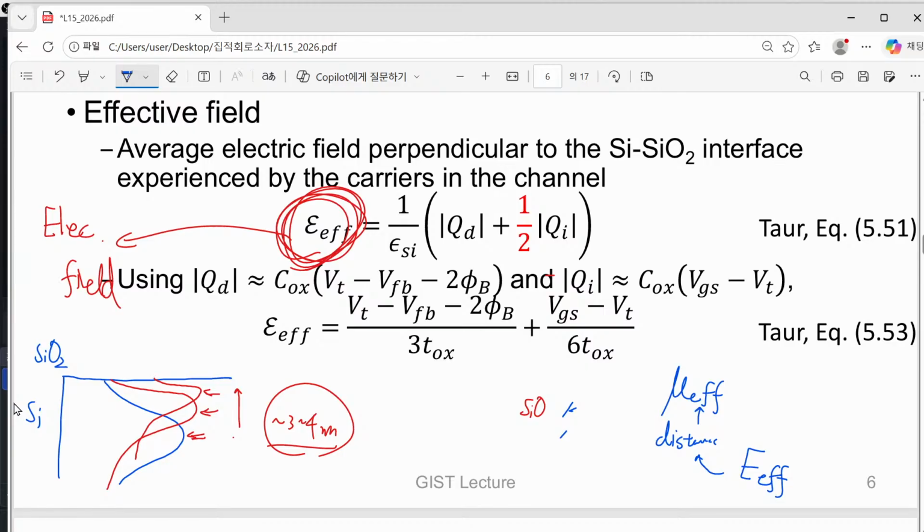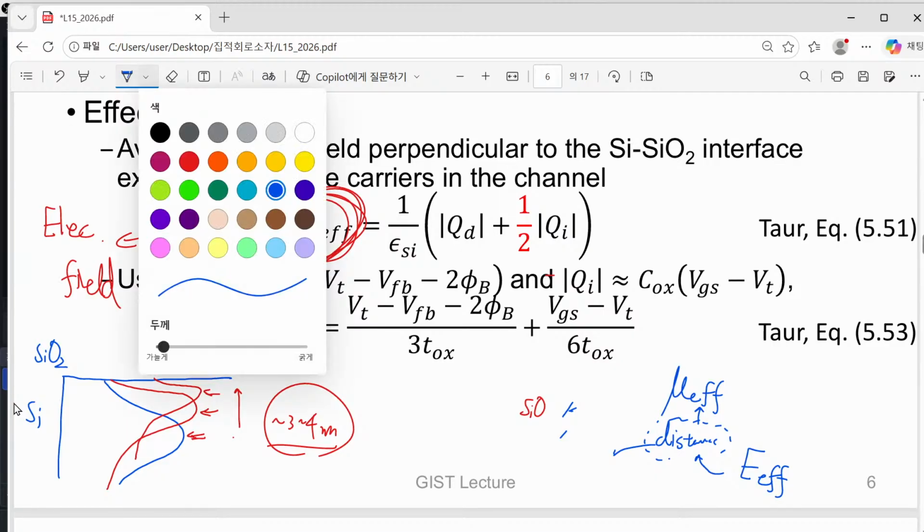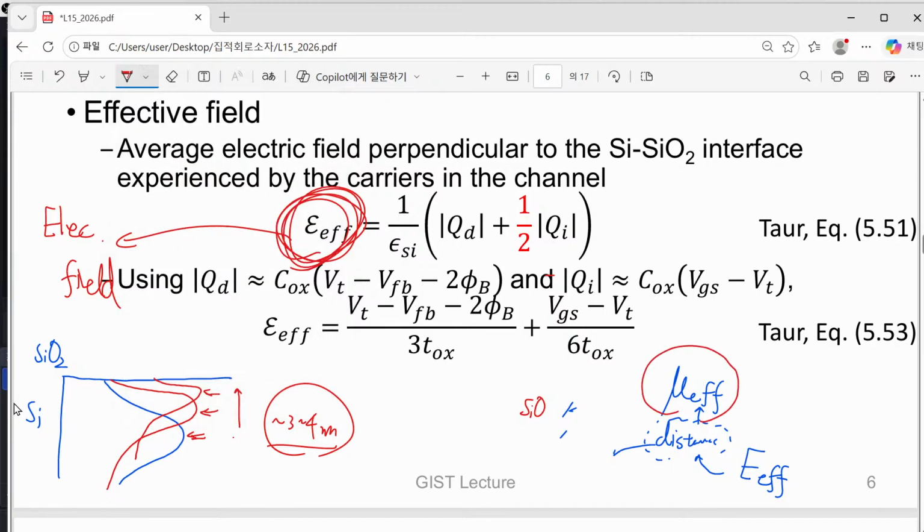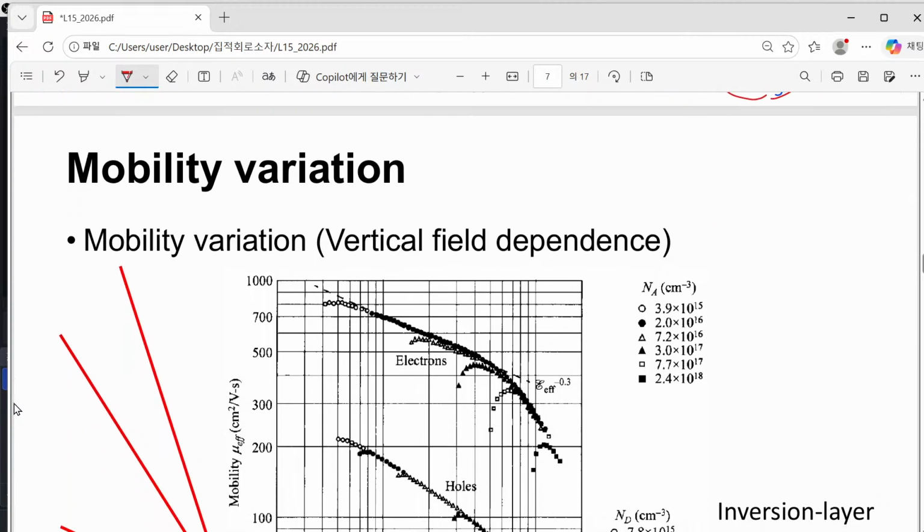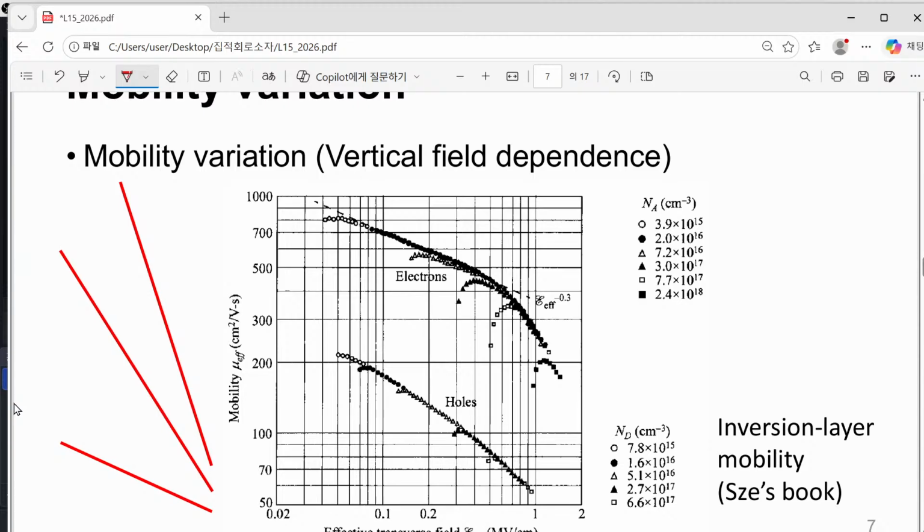Although this is the mechanism, we cannot actually detect the real distance from the interface. This is a non-measurable quantity to us, so we just make some empirical relation between effective mobility and effective electric field. So when we do it, this is the result.